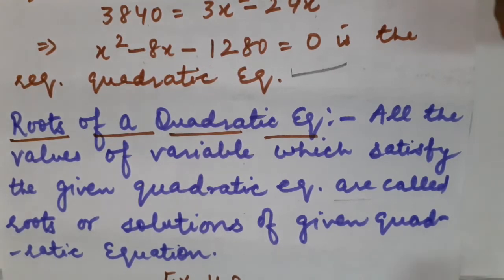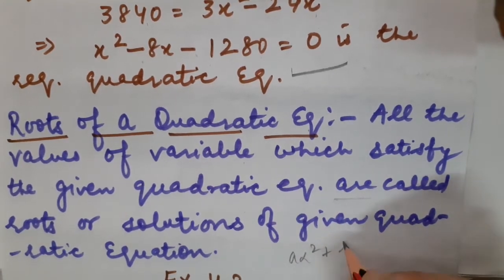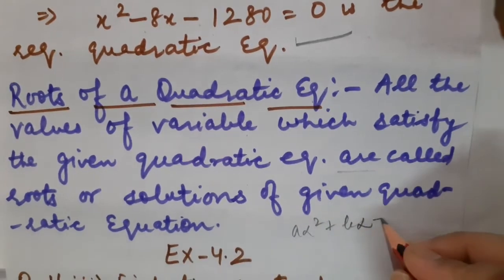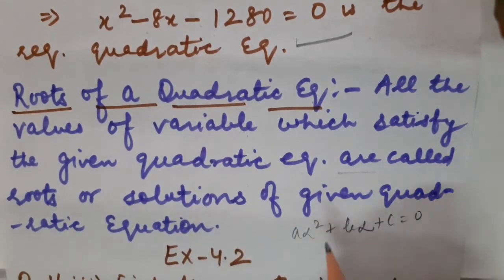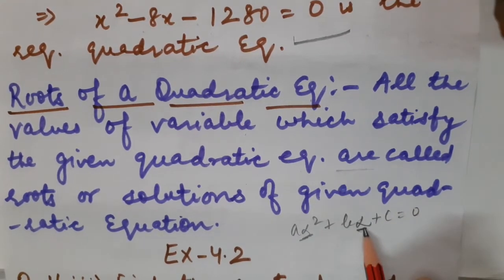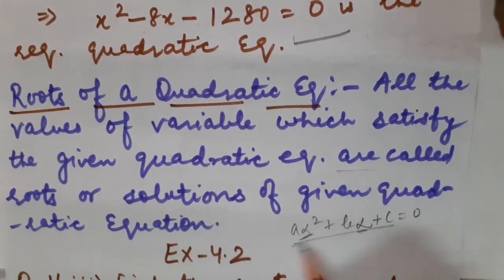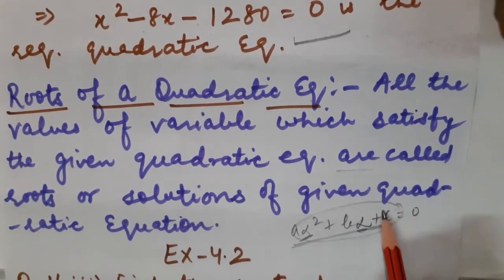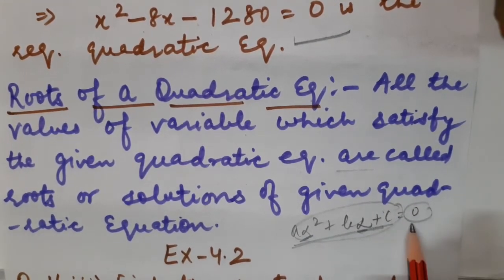Suppose if I say alpha is the root or the solution of the quadratic equation, then definitely a alpha square plus b alpha plus c must be equal to 0. Means after putting that very root at place of variable, you will be getting the value of left hand side and right hand side equal.